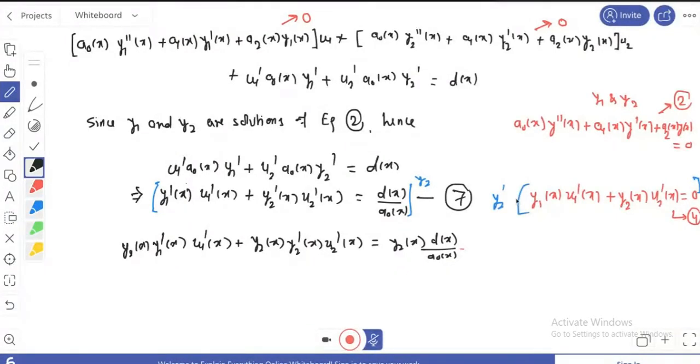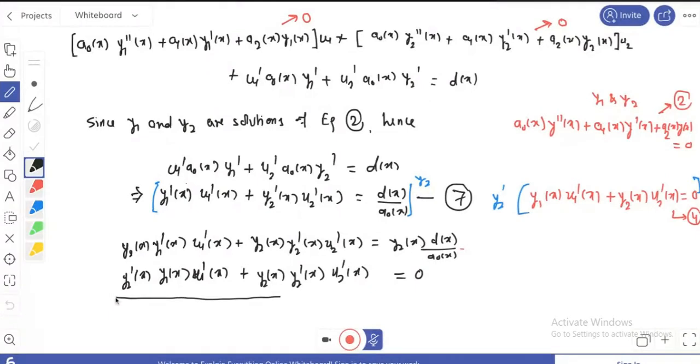And in this equation, if we multiply by y2', this becomes y2'(x) y1(x) u1'(x) plus y2(x) y2'(x) u2'(x), and the right-hand side is 0.